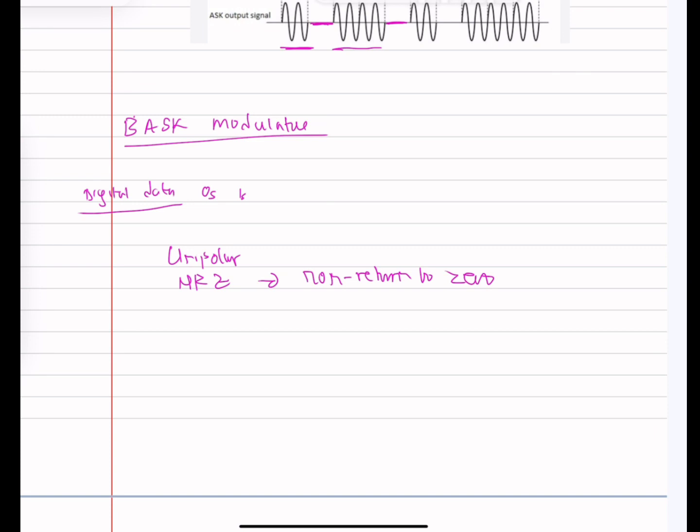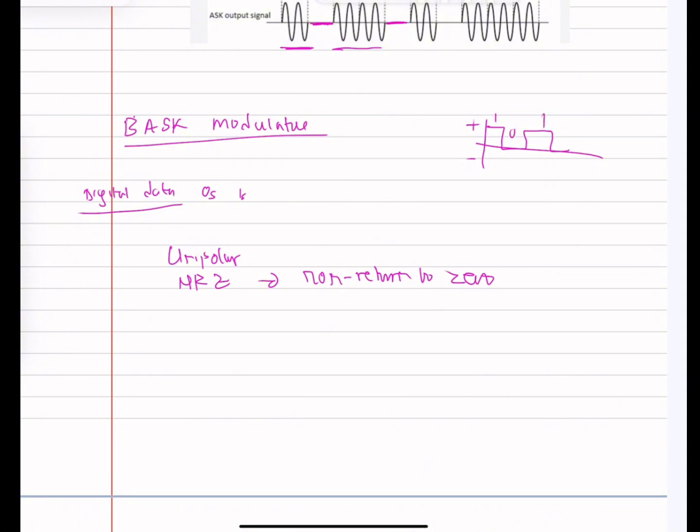Unipolar non-return to zero uses only one voltage level, usually on the positive side. If we have the number line here, this is the positive side and this is the negative side. It uses only one voltage level, usually positive, to represent both zeros and ones. It looks something like this: 1, 0, 1, and so on.